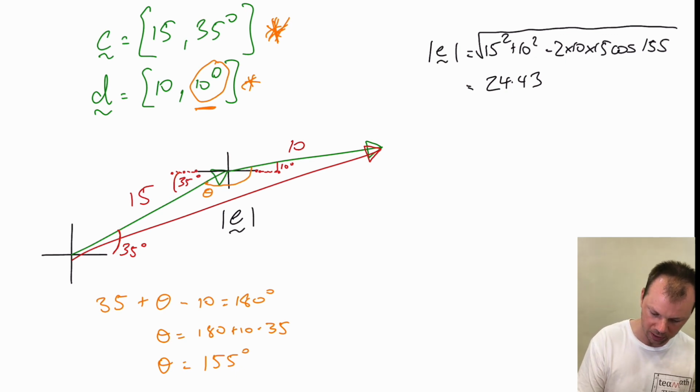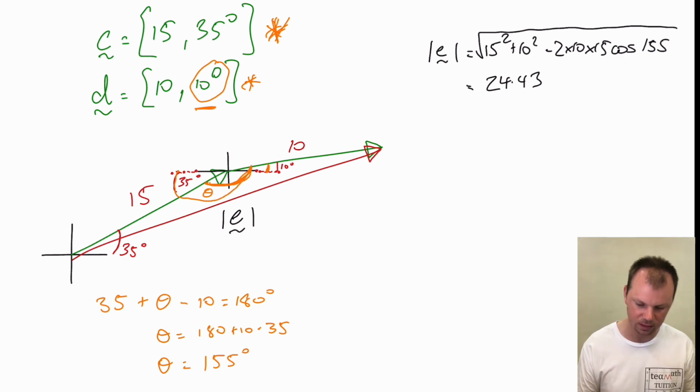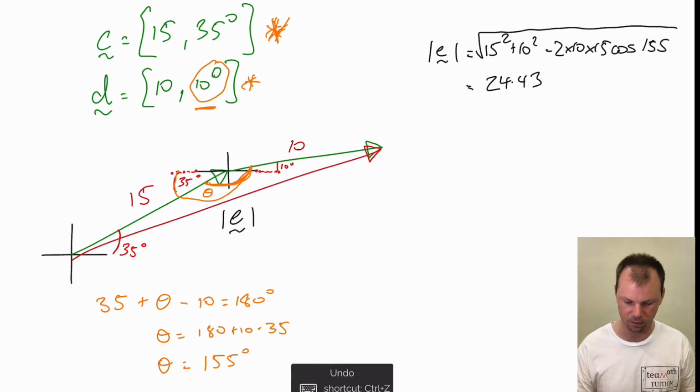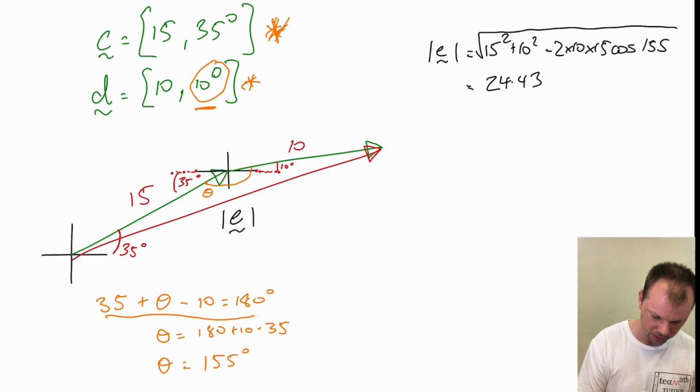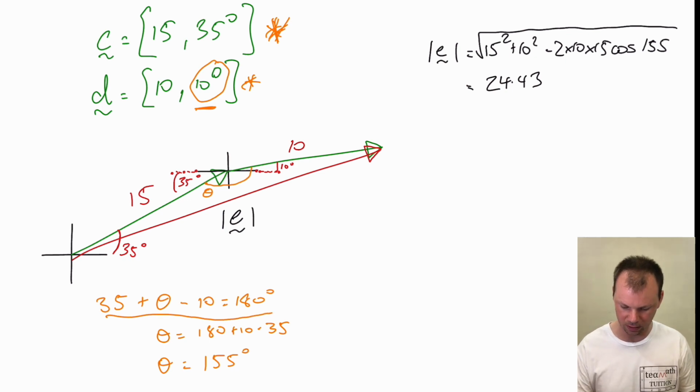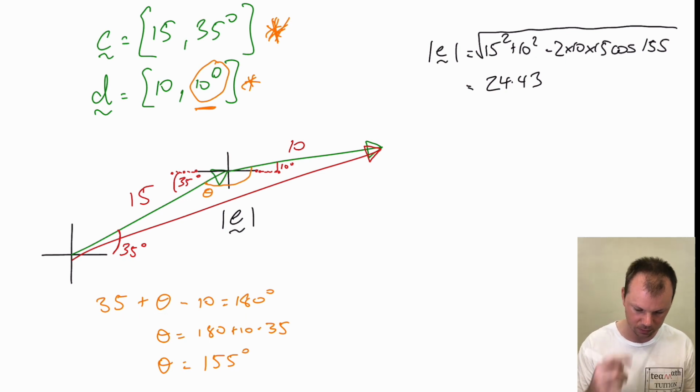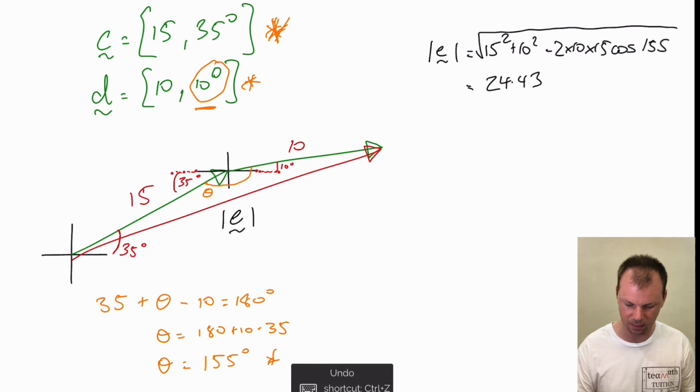We can work out our internal angle here because 35 degrees plus theta, but minus this little 10, is going to equal 180 degrees. So I've written that out here. We can then solve for theta and we get 155 degrees, which is 10 more than we had in the previous question. Makes sense because we've had this little 10 degrees in here.